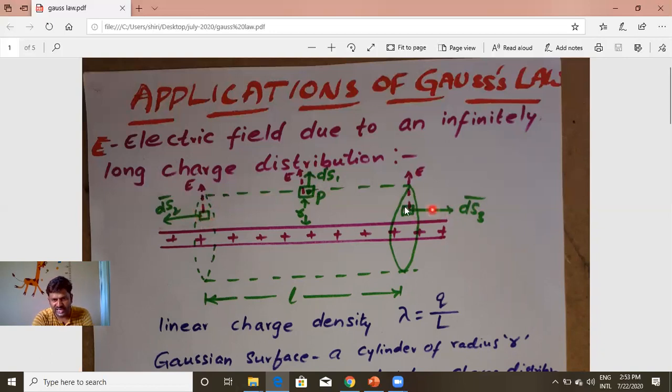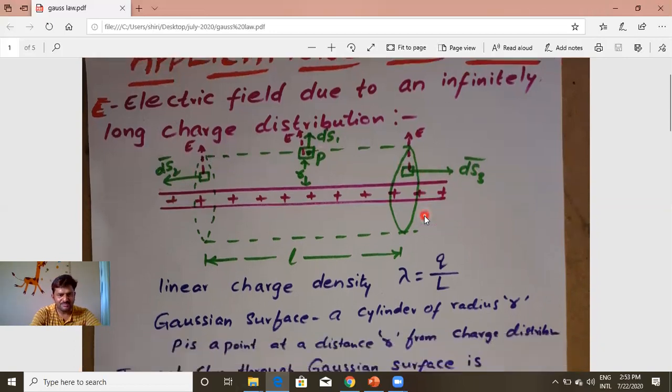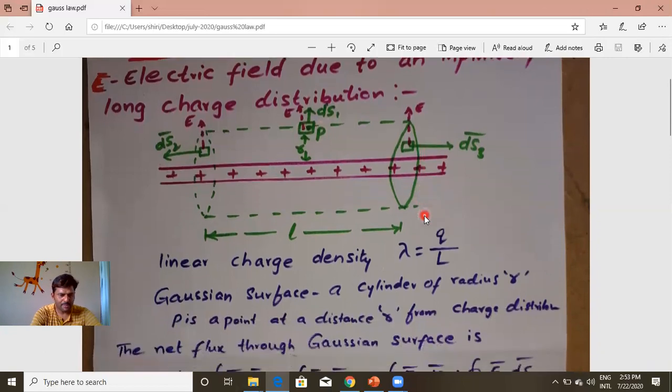On the right side end, I selected ds3. This is how we need to select. The first step is over: we selected the closed surface. The second step is also over: we selected the suitable areal elements, because these three will complete our closed surface.